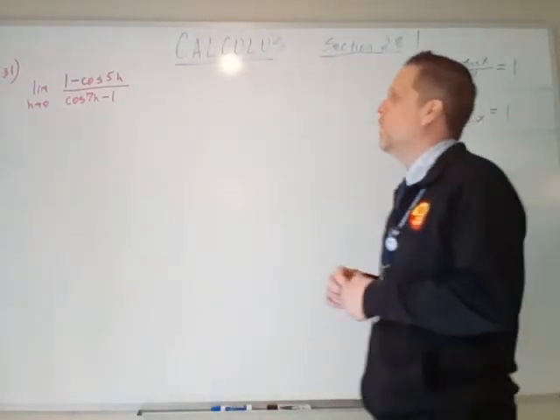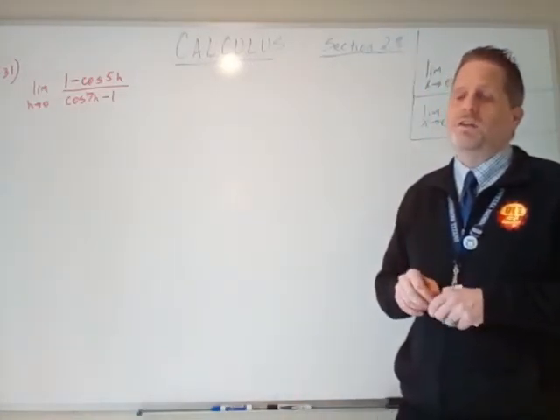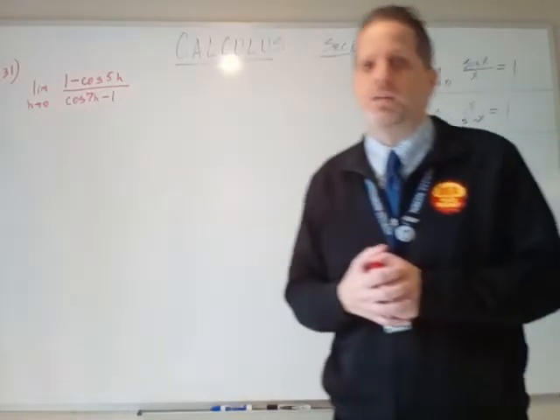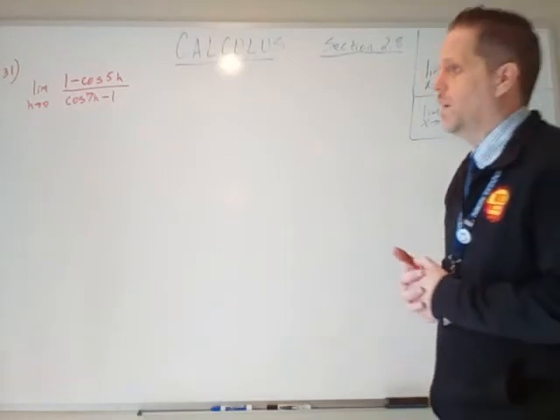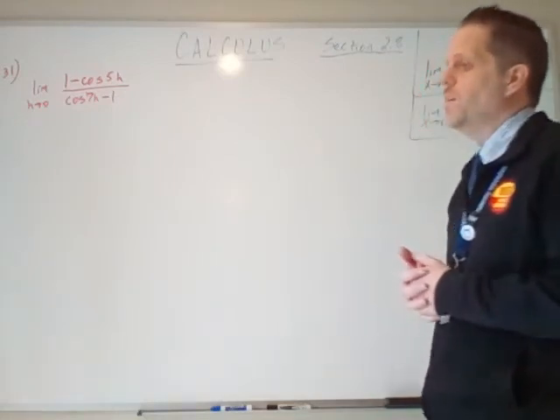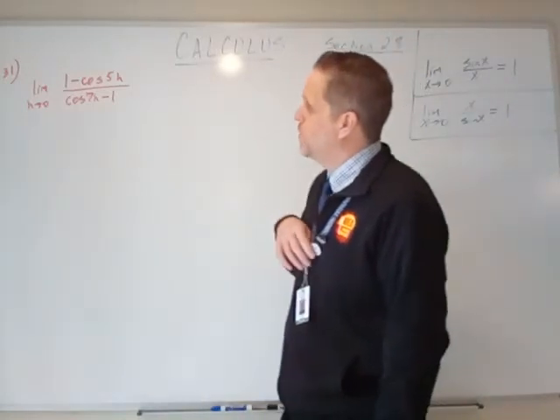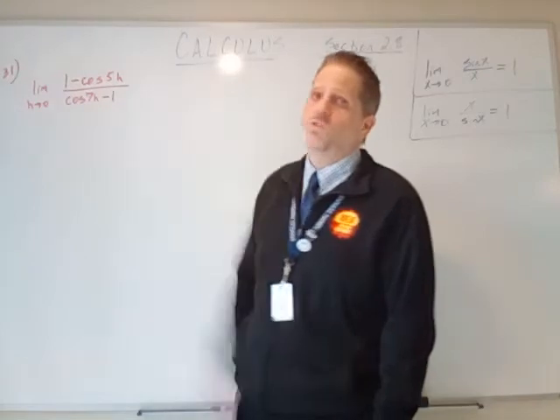When you plug the 0 in, you get 0 over 0. Now what that tells us is we have an indeterminate form. We're going to have to do some manipulation to figure out if this limit exists here and if it will be a real number value. Now, there are a couple of different theorems to use. The one that's most frequent doesn't involve the cosine.